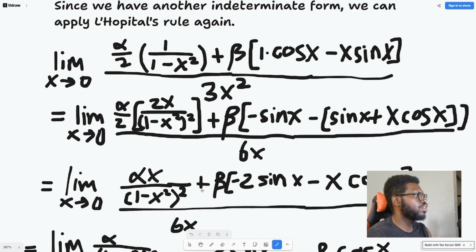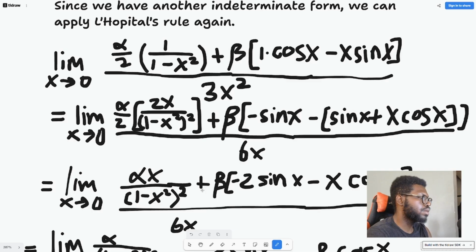From here, if you just substitute 0 for x, you will end up with another indeterminate form. Won't go through all the steps, but that's the case. However, when you're working through a really complicated problem with a lot of steps, you really try to think about ways to make things easier for yourself.